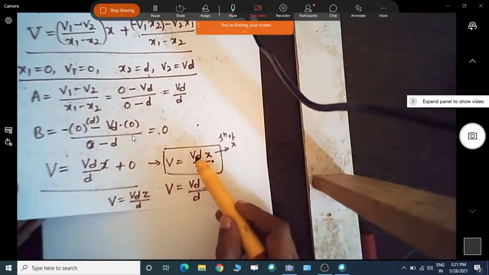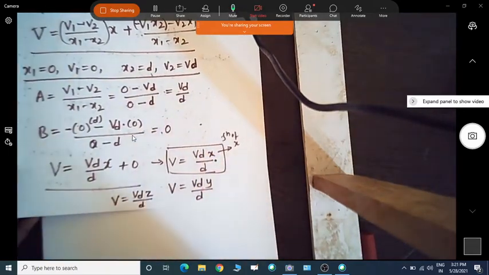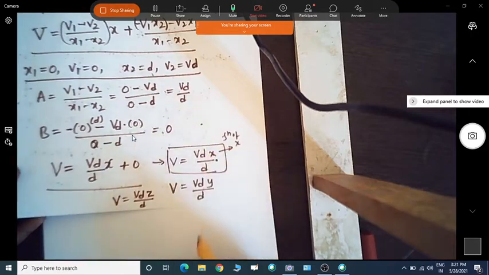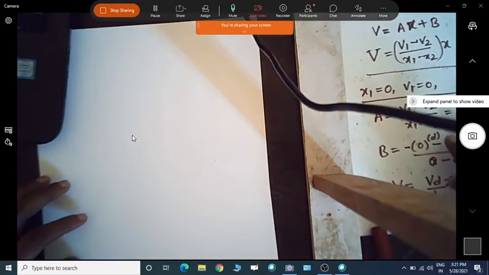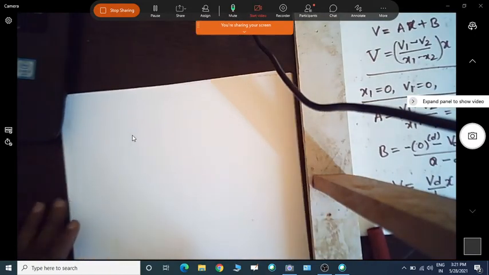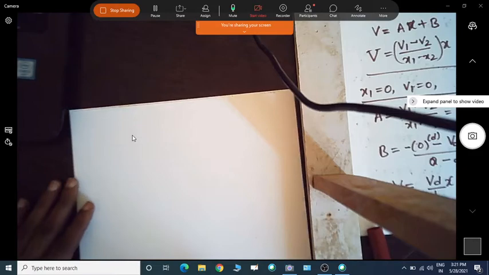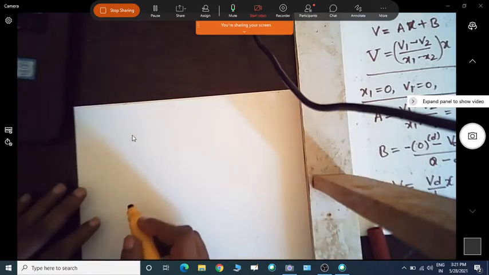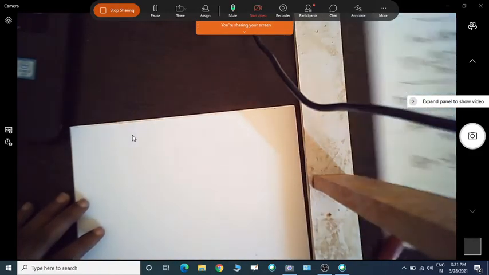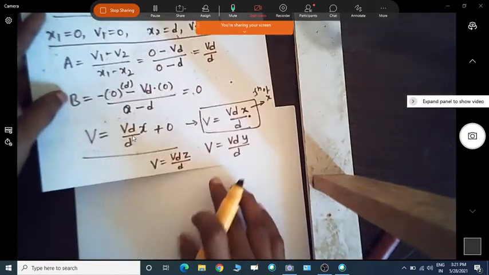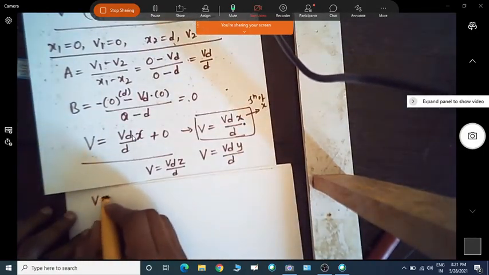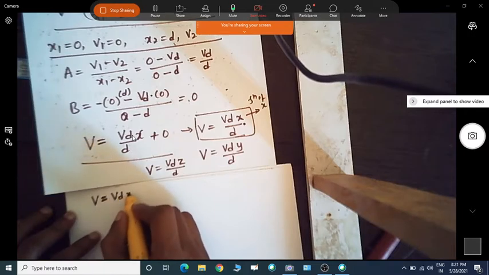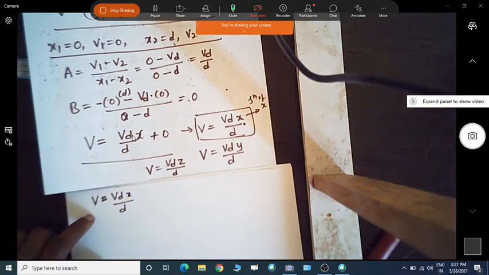You can take the volts specified in a problem and directly substitute the distance to get V. This is the general solution for the Cartesian coordinate system. Say for example, if I take the function of x, v equal to Vd x by d. So this is v we know.